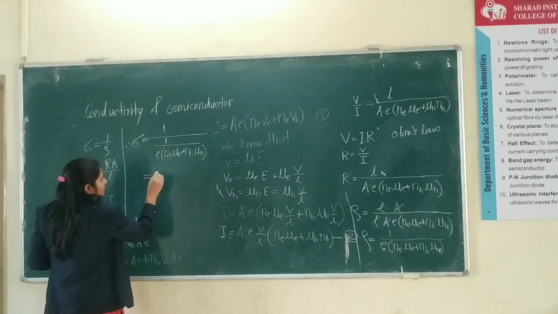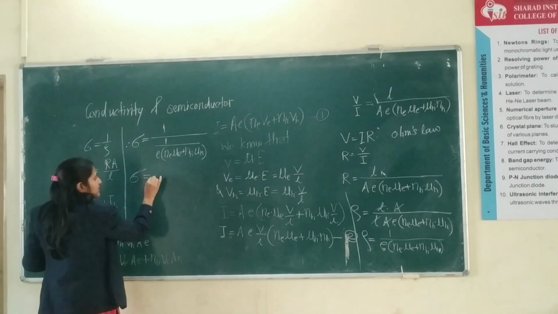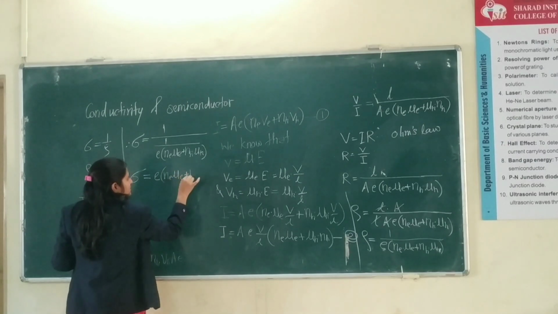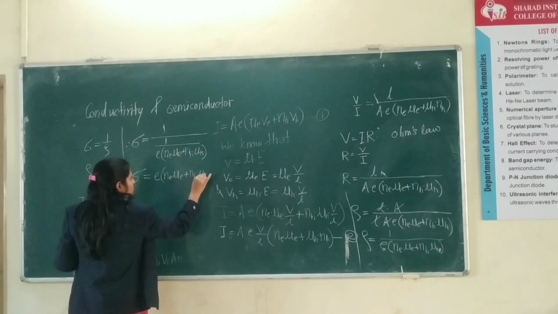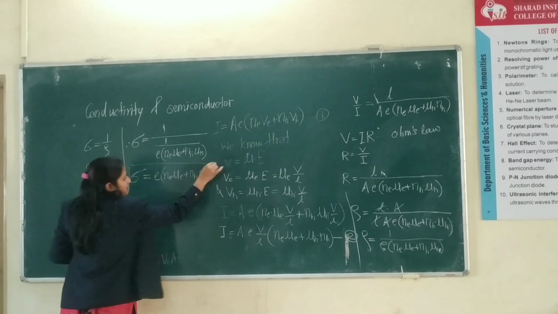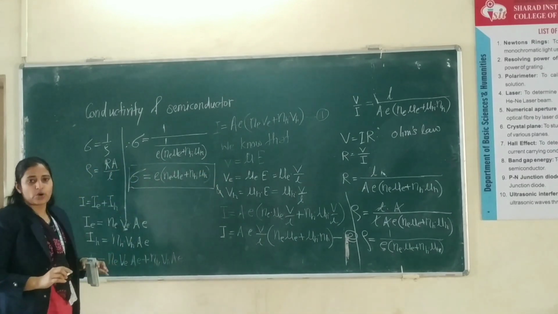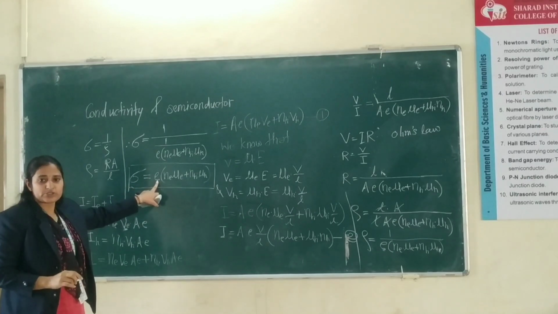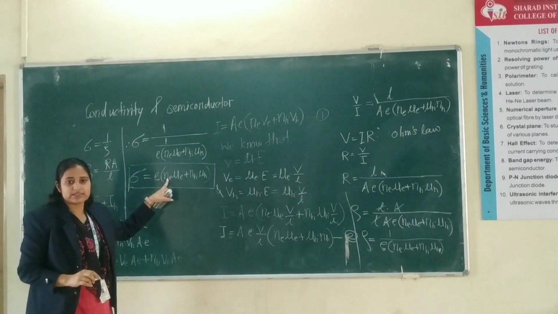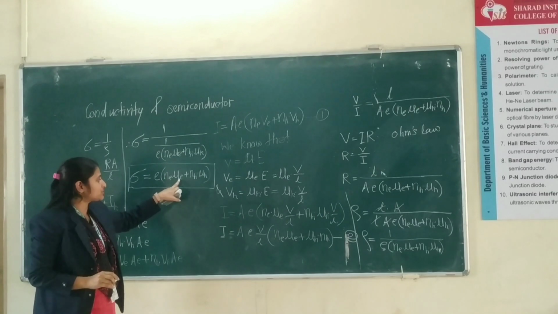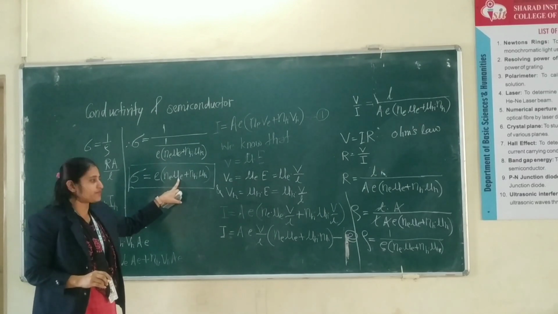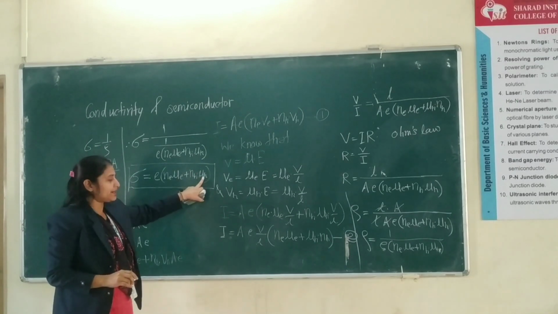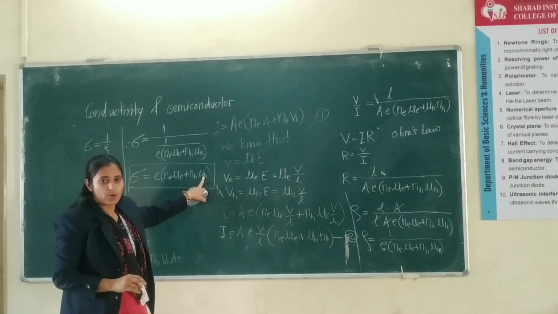So after solving this equation, we get sigma is equal to E in bracket Ne mu E plus NH mu H. Okay. So this is the conductivity of semiconductor. So sigma is the conductivity, E is the charge on electrons, Ne is the charge concentration of electrons, mu E is the mobility of electron, NH is the charge concentration of holes, and mu H is the mobility of holes.